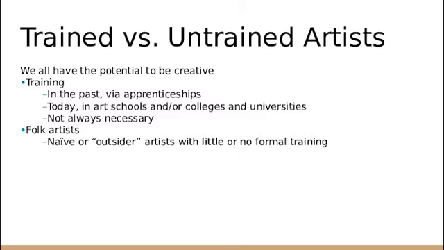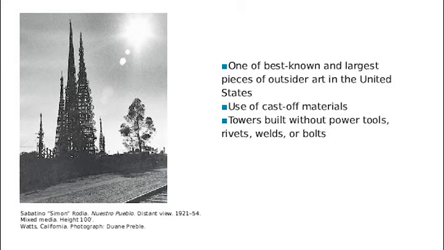As far as what training looks like for artists, in the past, people used to do apprenticeships. Nowadays, people usually go to art school or an art program within their college or university. And also, once again, I'd like to point out that this training is not always necessary. So folk artists, on the other hand, are considered naive or, quote, outsider artists with little or no formal training.